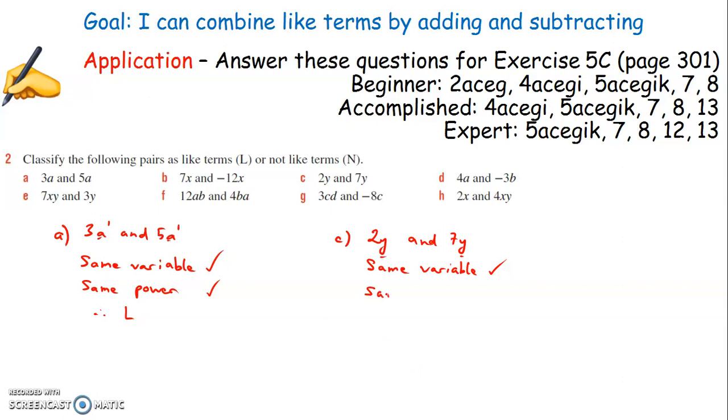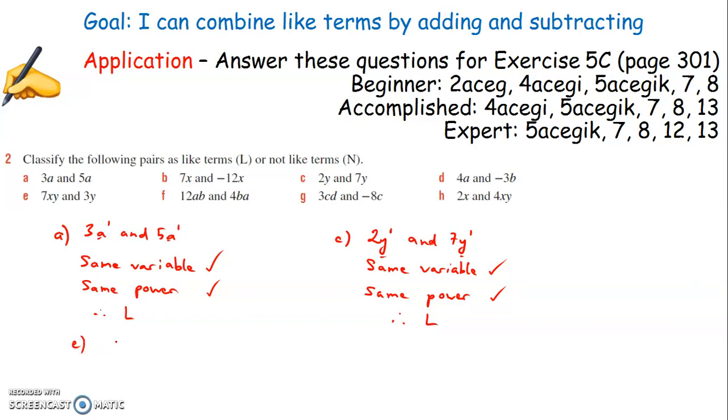Do they have the same power? Both of these have a power of 1 because there is no other number at the top of these. So that's power of 1. So tick. We have both ticks, so that means that they are like terms.